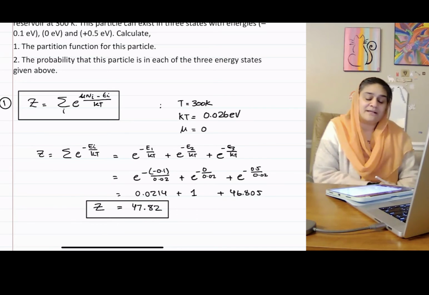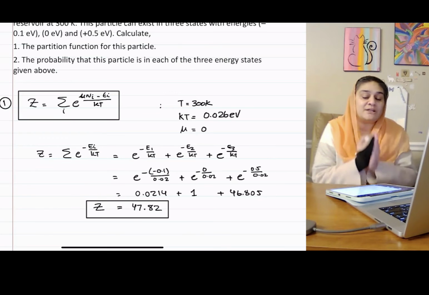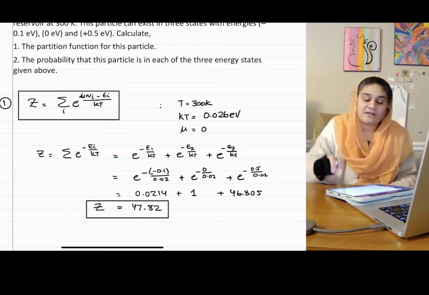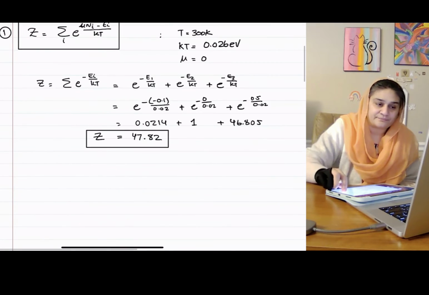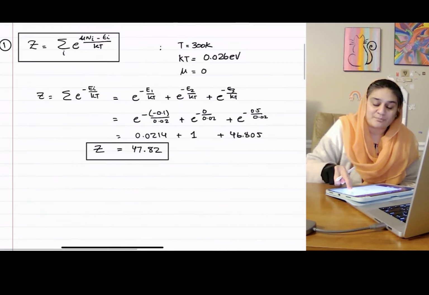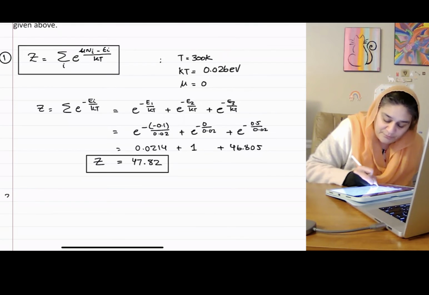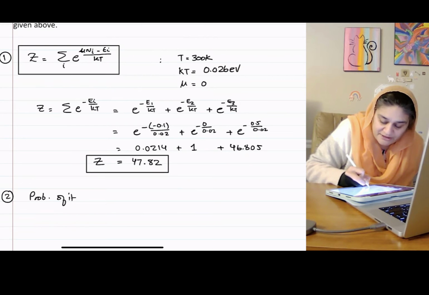Now, number 2 is the probability that this particle is in each of these energy states. So how do I find that? All I have to do is figure out the probability of it to be in state 1.